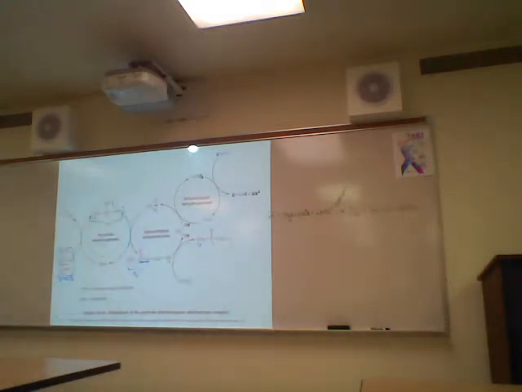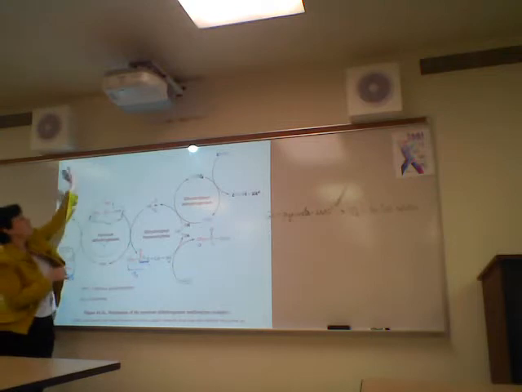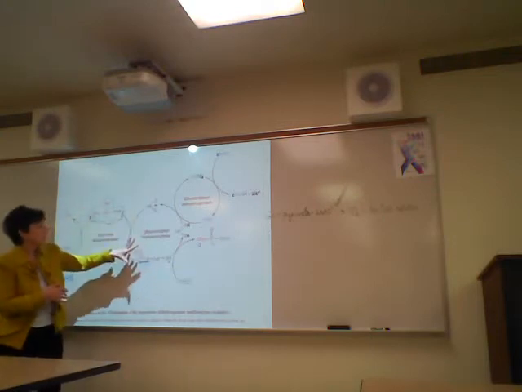But this reaction happens all on the exact same little, it's almost like a square. It's a little cube-shaped enzyme complex. So it's all happening in the exact same space so that this doesn't get a chance to diffuse away. It stays right in the complex and carries right on through all the way to the NADH stage.